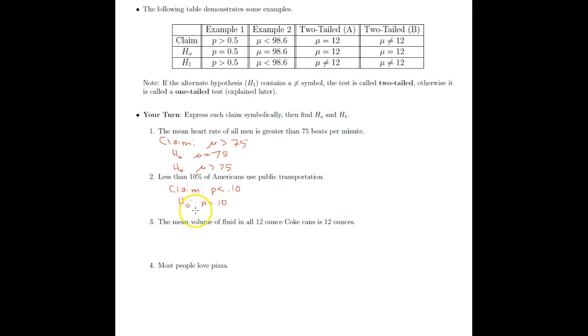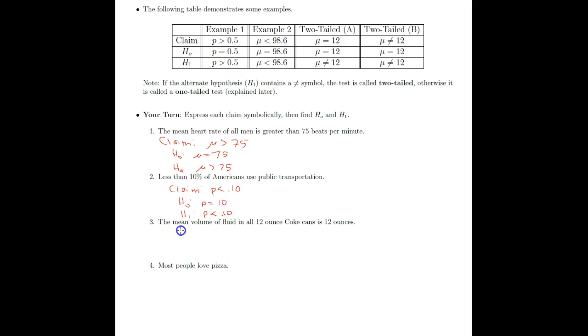The null always imposes equality. And the alternate hypothesis, I'll call this H1 this time. Just imagine that's an H. Is the same thing as the claim, that P is less than 0.10.